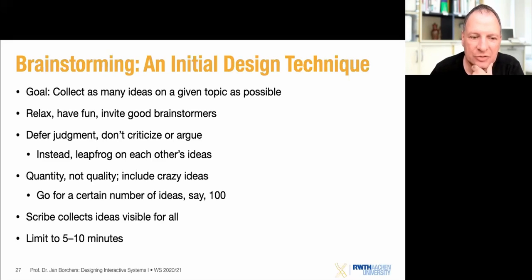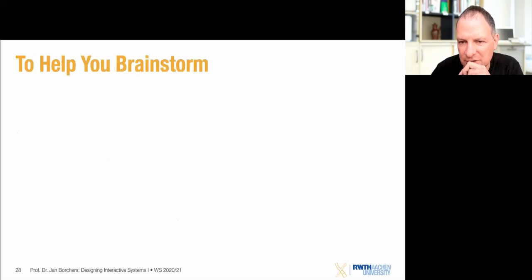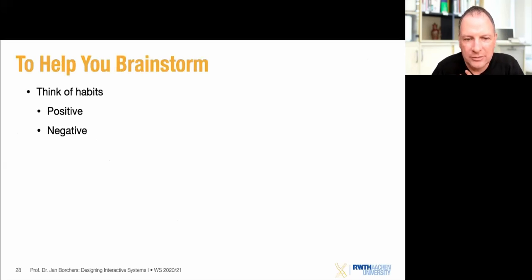The idea of brainstorming is to really push you to come up with ideas beyond the generic thinking. One way to do that, for example, is to think of habits, positive habits or negative habits.